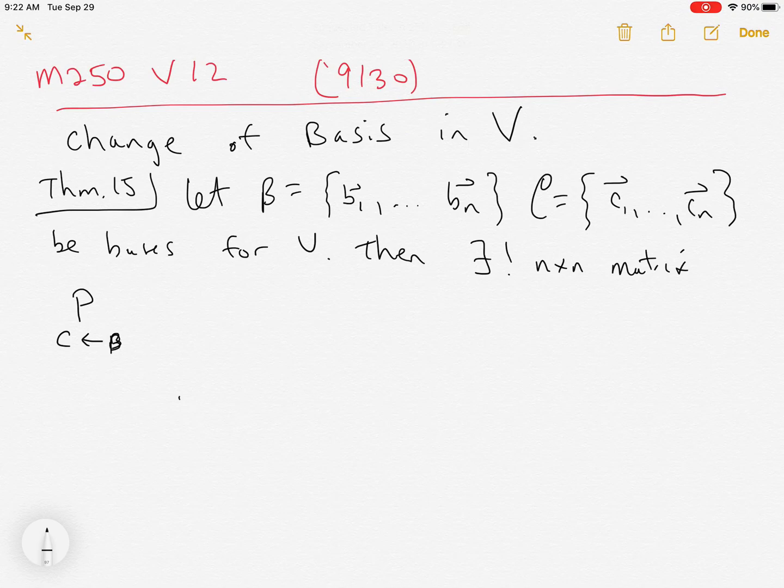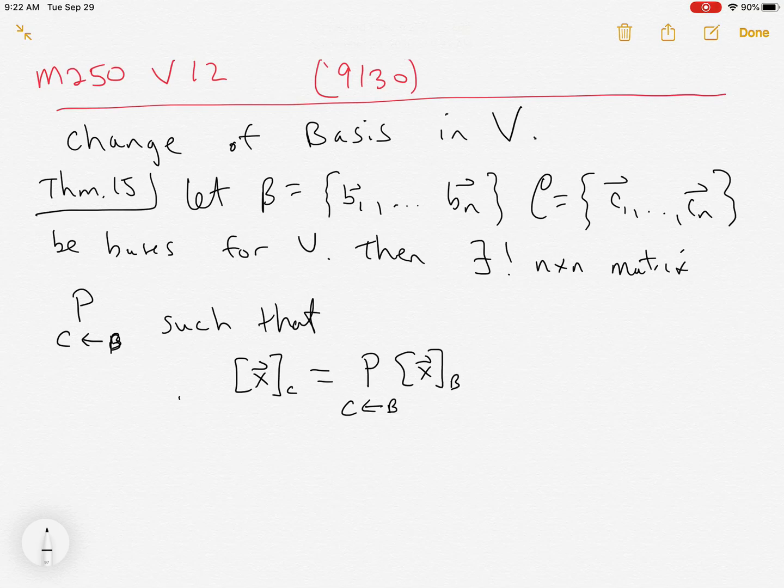It's P taking B to C such that the x-coordinate vector corresponding to the C basis is this matrix multiplied by the x in the B coordinates. Okay.